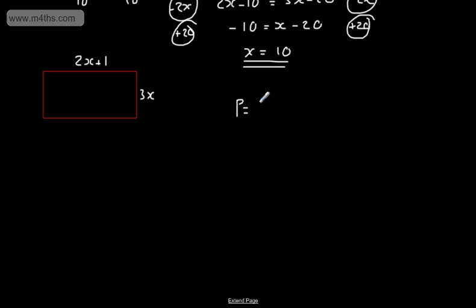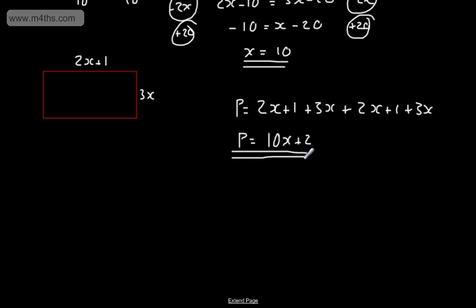So we could say, if you wanted, it's 2x plus 1 plus 3x plus another 2x plus 1 plus 3x. Or you could simply say it's 2 lots of this and 3 lots of this. So an expression for the perimeter is going to give us now 10x plus 2. That is an expression for the perimeter.